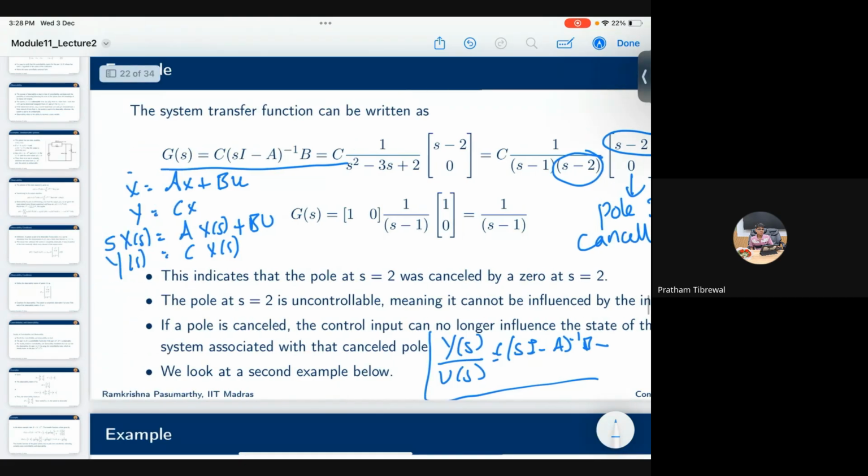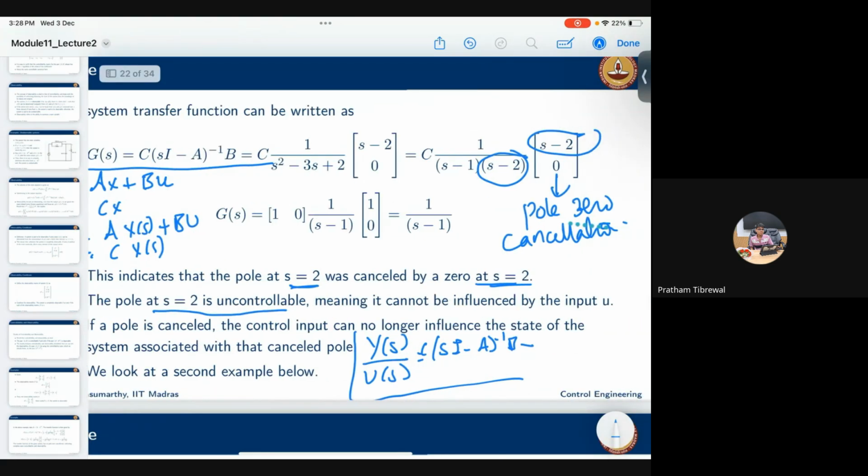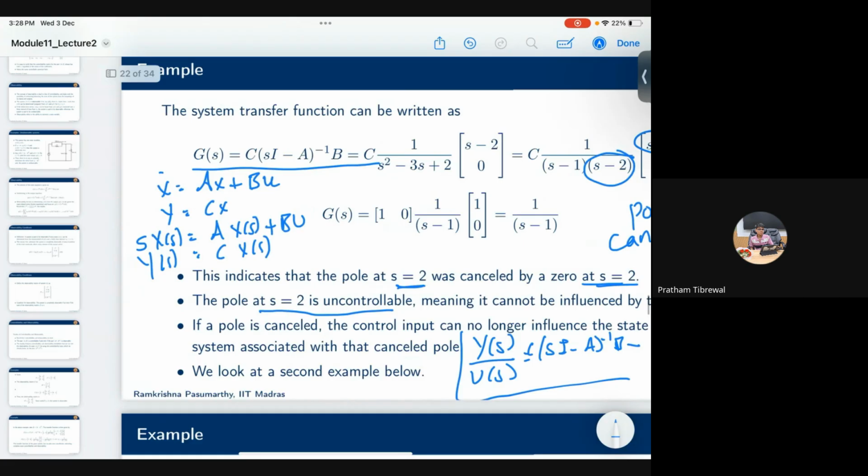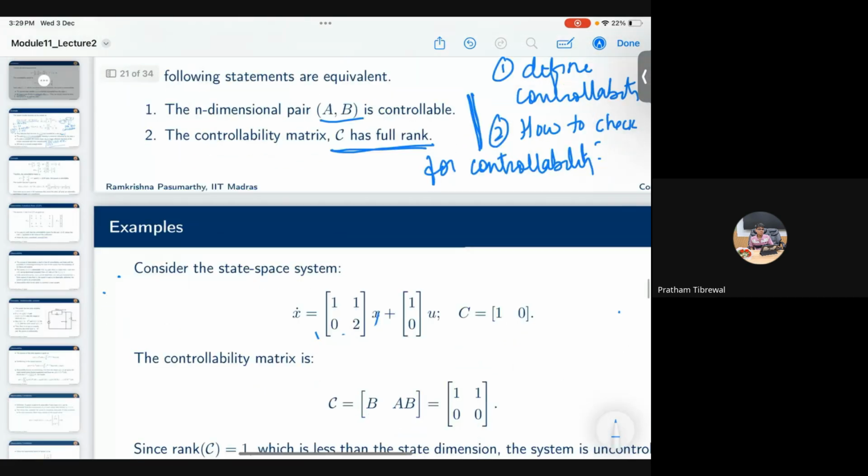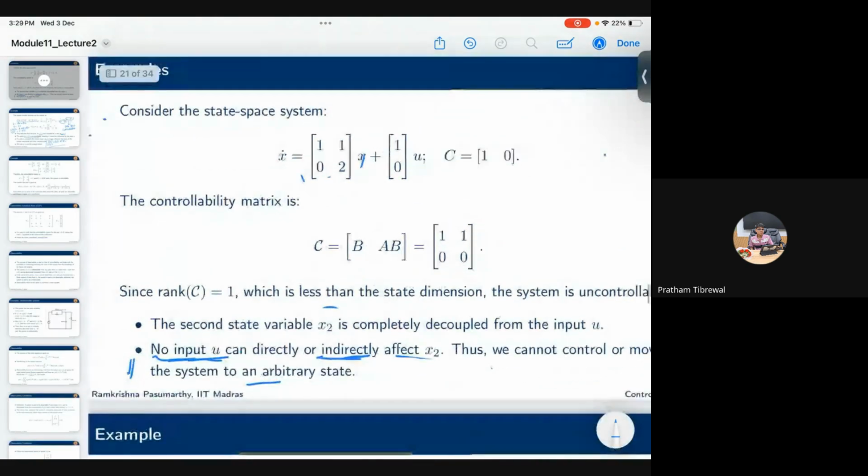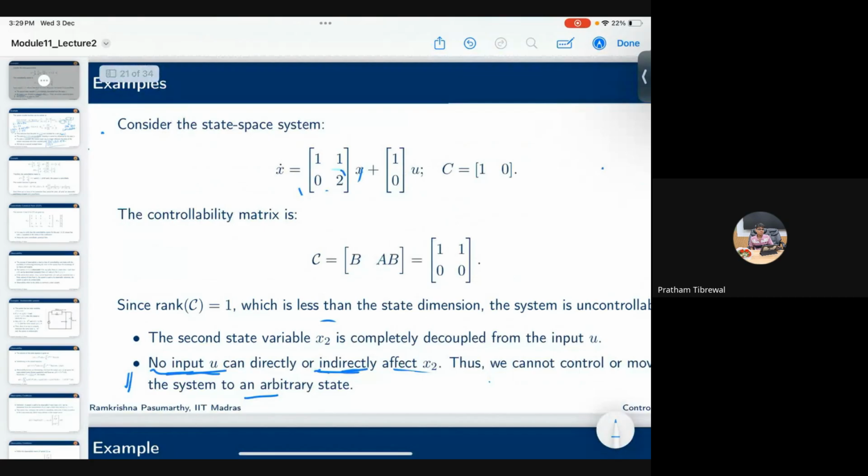So this indicates that the pole at s equal to 2 was cancelled by a zero at s equal to 0, saying that the pole is uncontrollable, meaning it cannot be influenced by the input u. So what was the pole at s equal to 2? Largely given by this number 2 here.